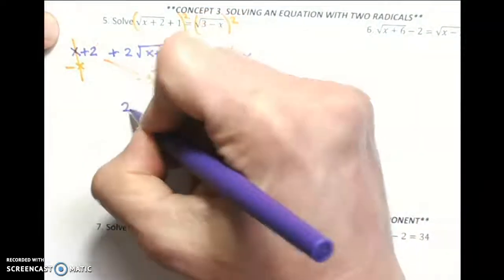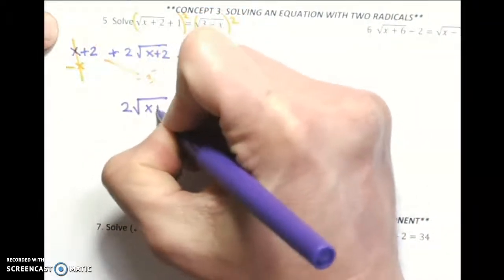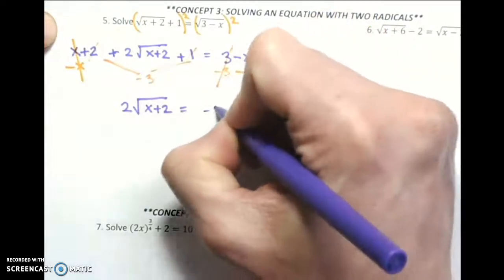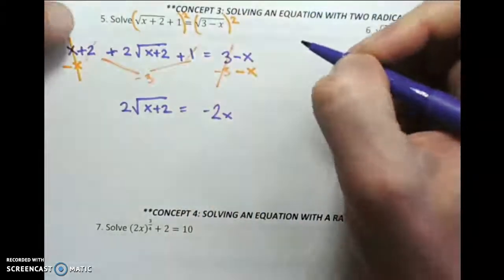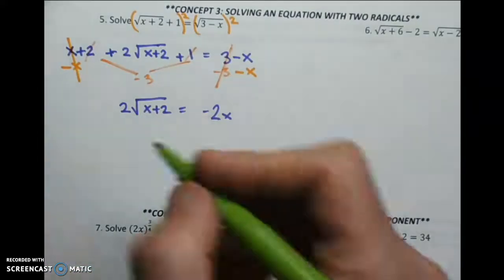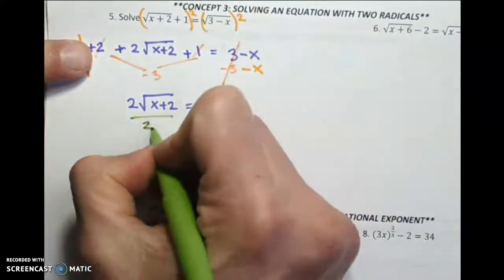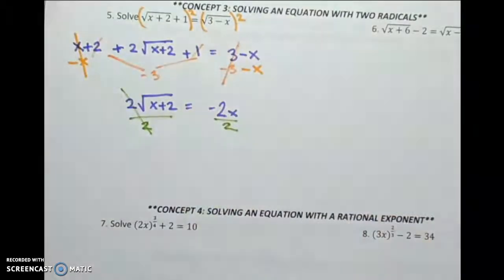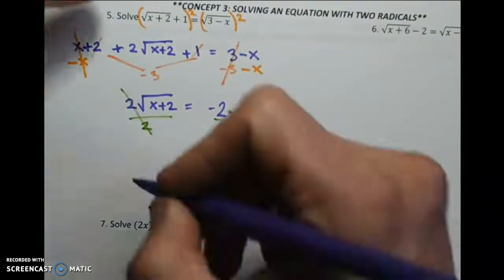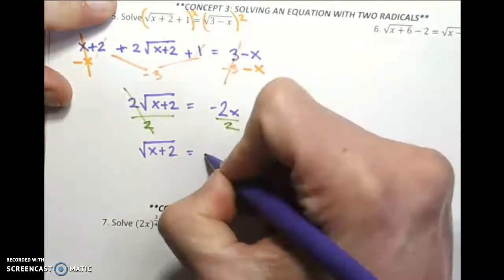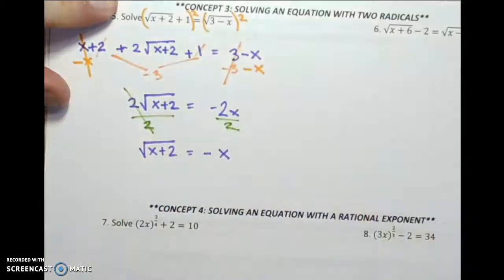I'm left with 2 root x plus 2 equals negative x plus negative x, which is negative 2x. Alright, continue to solve. I'm going to divide by 2 to isolate this radical. If I divide by 2 on one side, I must do it to the other side. Now I am left with the square root of x plus 2 equals negative x.